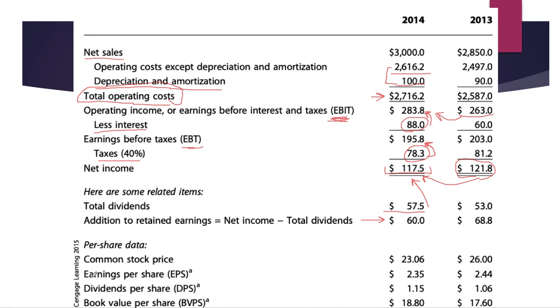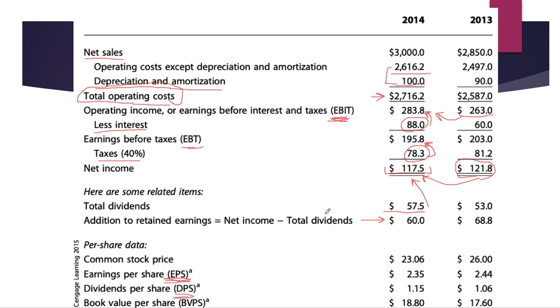Okay, so some per share data is also demonstrated here for our company, for example, earnings per share. And remember, this corporation had 50 million shares. The net income can be divided by the number of shares in order to calculate the EPS number. And then there are also the dividends per share.